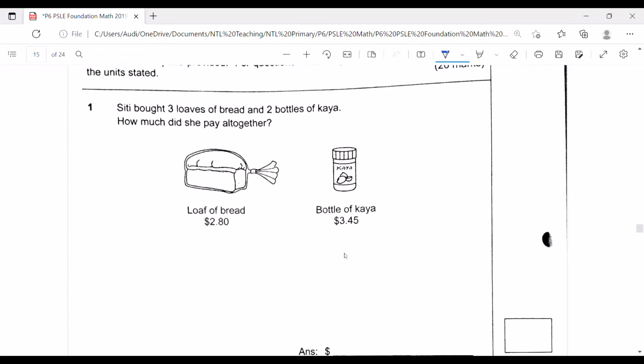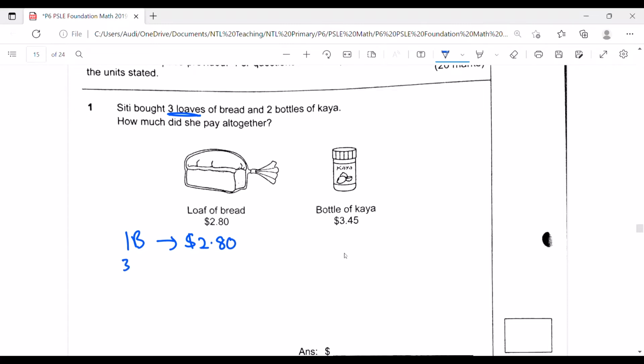Siti bought 3 loaves of bread and 2 bottles of kaya. So here you see the price of a loaf of bread. How many loaves of bread did she buy? She bought 3. So you write this down. Let's be more systematic. 1 bread is 280.